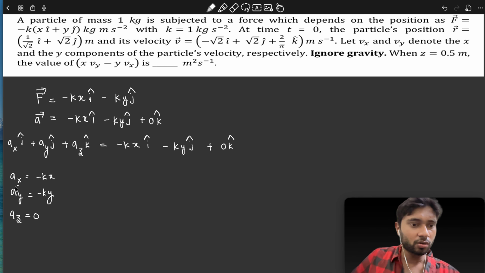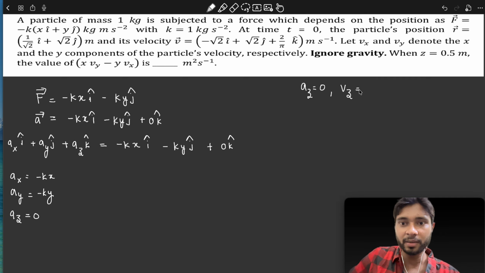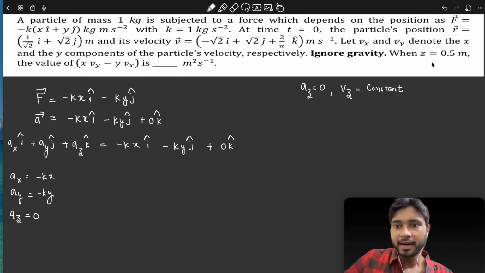If az is 0, what does this mean? That means velocity in the z direction will remain constant. There is no change in velocity because there is no acceleration. We have to calculate this term at z equal to 0.5.